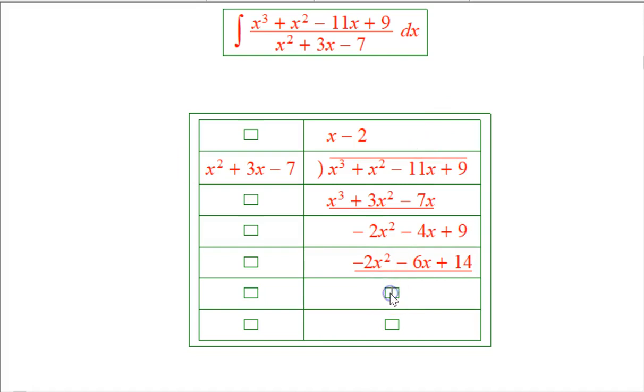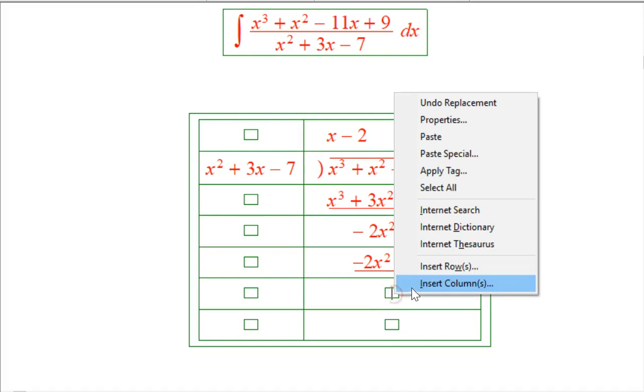So far, what have we done? We've really said x minus 2 times x squared plus 3x minus 7 will get you, the x cubed will match, and now the x squared terms will match, and it will get you something very close to x cubed plus x squared minus 11x plus 9, but with a certain leftover, and at this point, we'll actually be at our remainder.